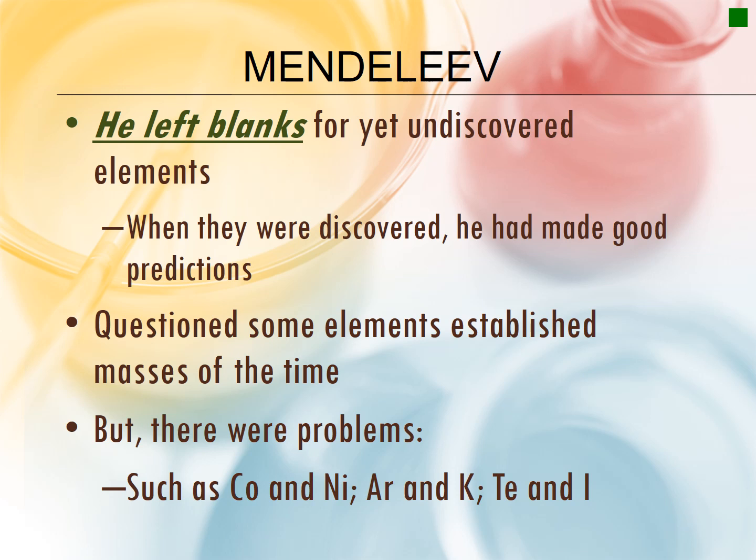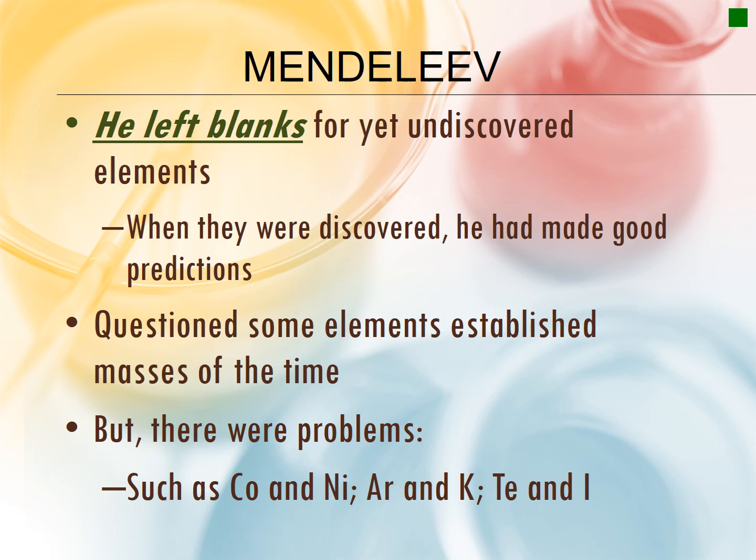The other thing that was amazing is that he questioned some of the elements' established masses of the time. Scientists had agreed that this was the mass, and due to the periodic table that Mendeleev had created, he figured out that those were actually incorrect masses. And once again, he turned out to be basically correct.